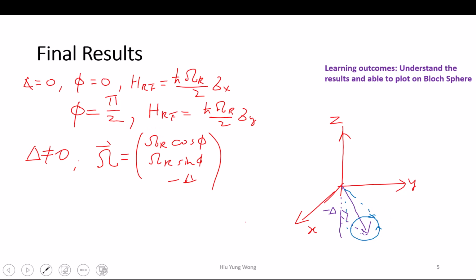I forgot, in general, it will be going to oscillate at the magnitude of omega R squared plus delta squared, square root. The frequency is not the Rabi frequency, I mean, the omega R. Just for your information, it will be longer.